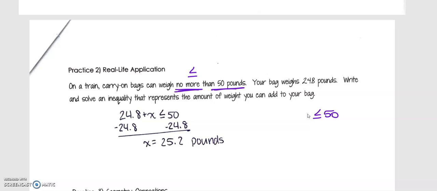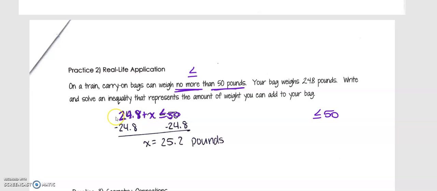Your bag weighs 24.8 pounds. Write and solve an inequality that represents the amount of weight you can add to your bag. So if I already have 24.8 pounds, how much more can I add to it? And so it's still less than or equal to 50. And then I just solve that inequality. I'm going to subtract 24.8 from both sides. Guys, this is important.